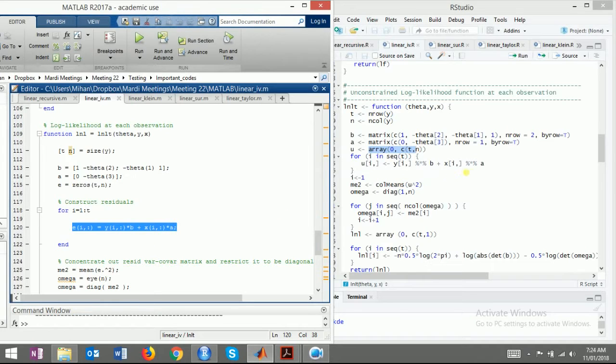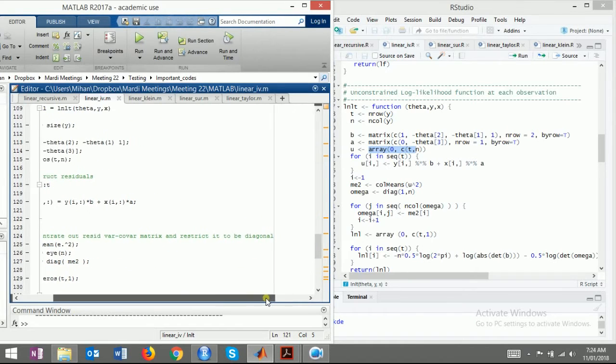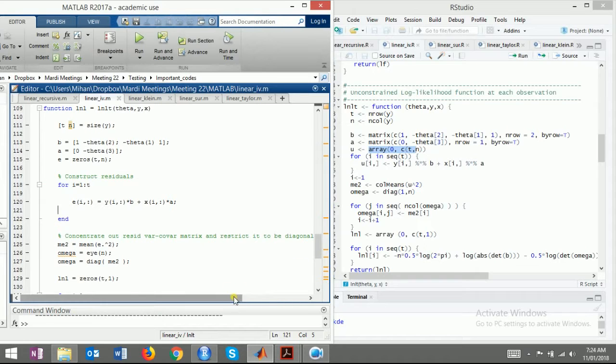Concentrate out the residual variance covariance matrix and restrict it to be diagonal. Now we have to do more work from the derived residual.